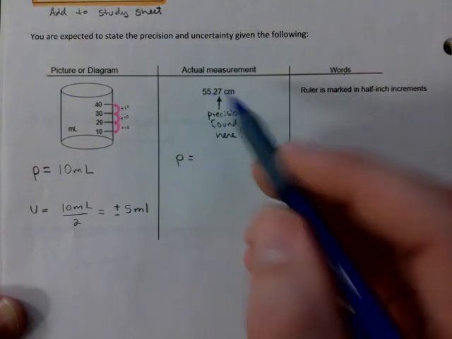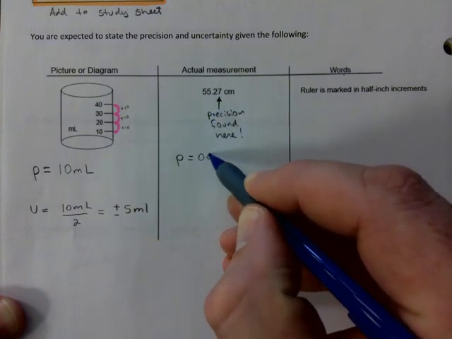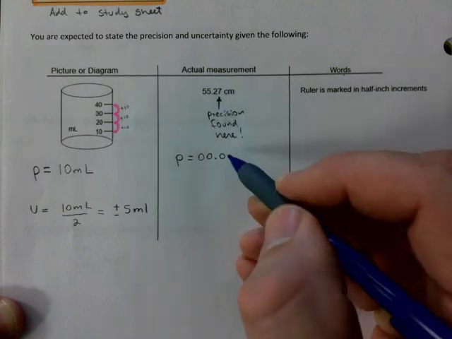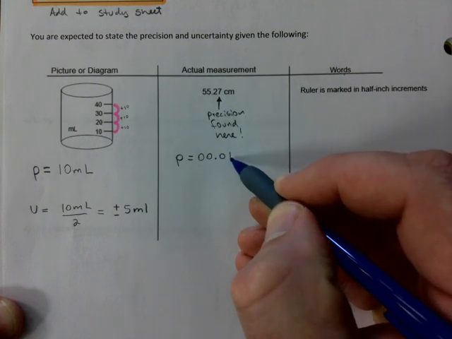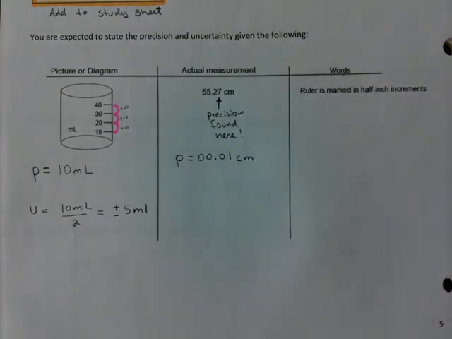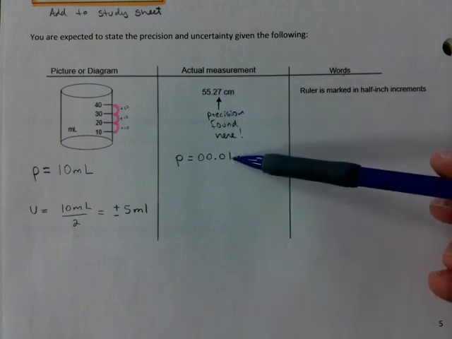You copy that number. I'm just going to do a silly example at first. I'm going to copy that number. I'm going to put zeros everywhere except for where the precision is. I'm going to put down a 1. And you're like, Mr. Dixon, there's a 7 there. Why did you put a 1 down?